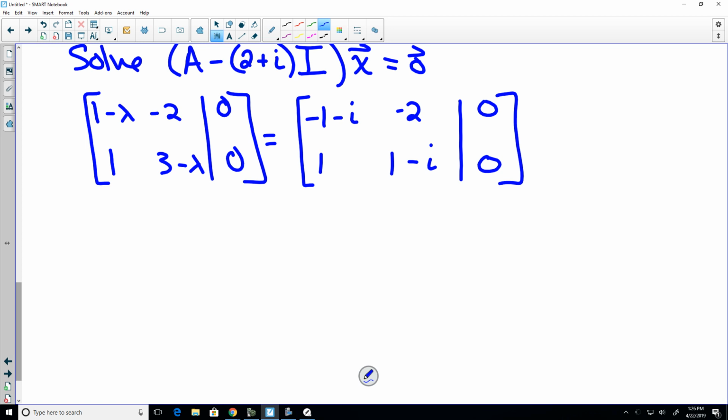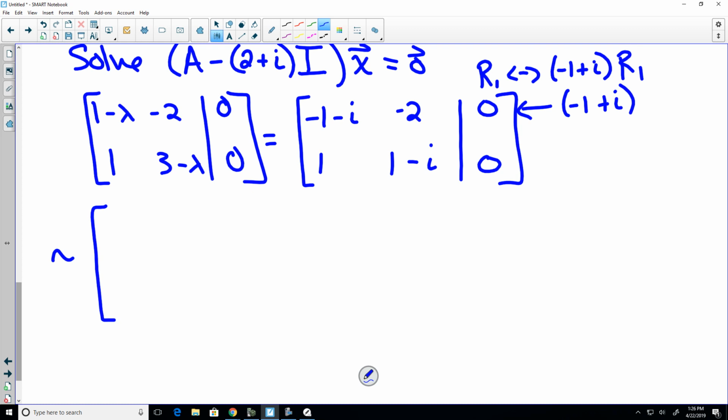So let's multiply this row by negative 1 plus i. So this is row 1 replaced with negative 1 plus i, row 1. And when you multiply a complex number times another complex number, it's like multiplying 2 binomials.